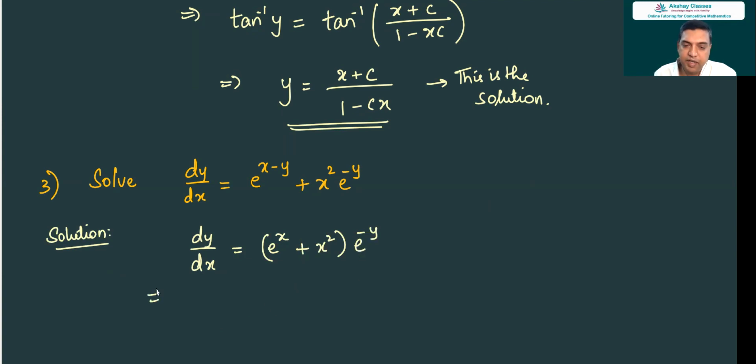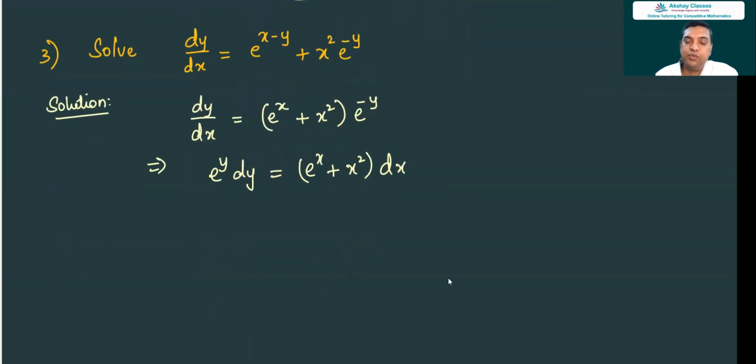Then e power y, we can take this e power minus y to the other side. That means you take it to the denominator, and then it becomes e power y dy. And this dx we can take to the other side. So now we have converted this to two separated terms.